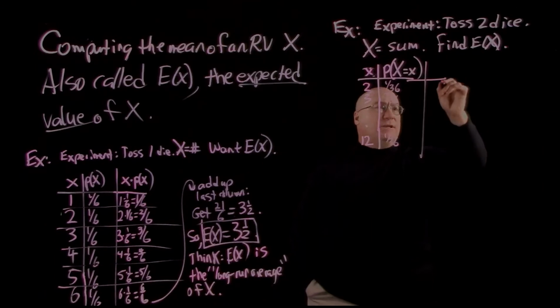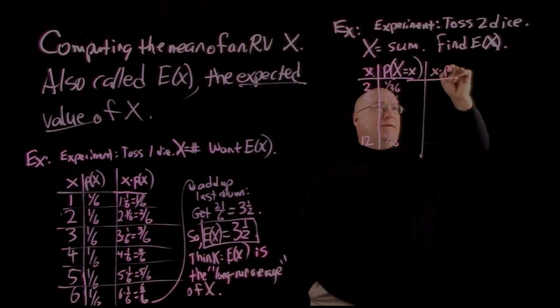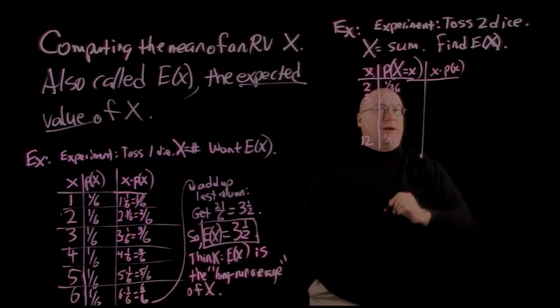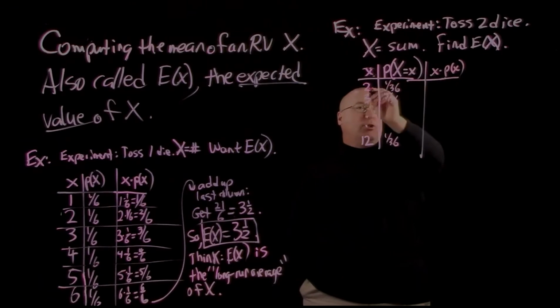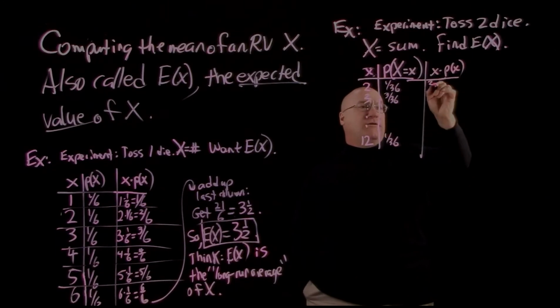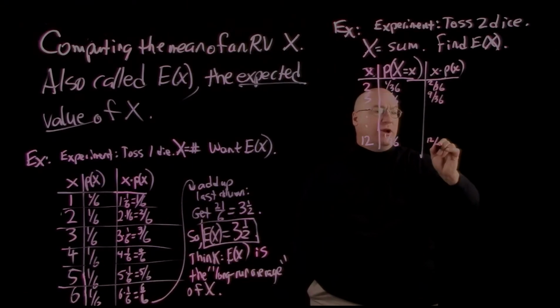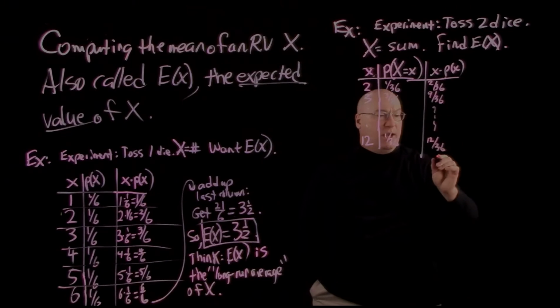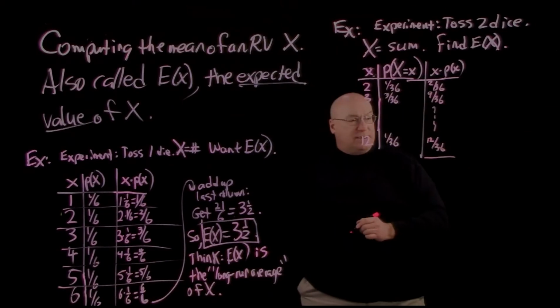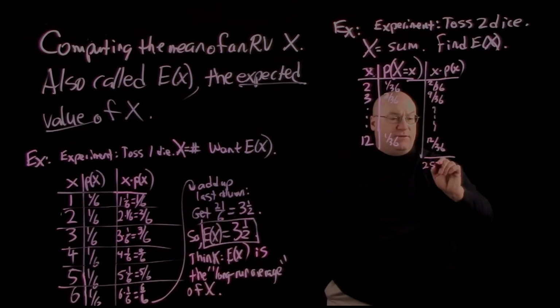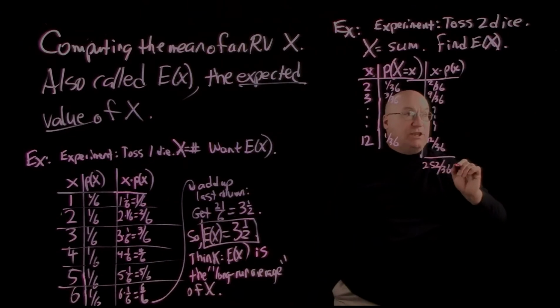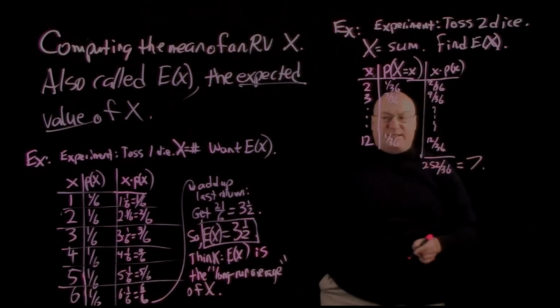So I'm going to do a third column. And I do hope that you've gone through and done all this. When I multiply across, I'm going to get 2 over 36. Here I'm going to get 9 over 36, right? And all the way down, this will be 12 over 36. If you add them all up, you get what? I think you get 252 over 36, which turns out to be 7.